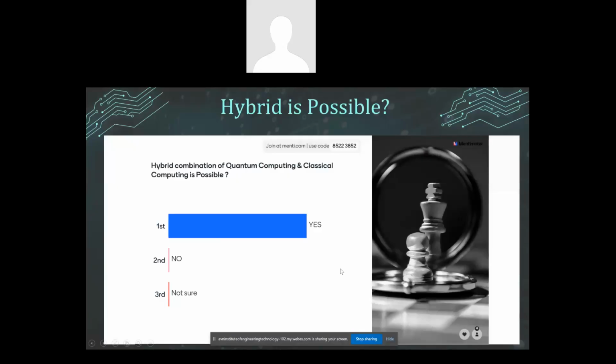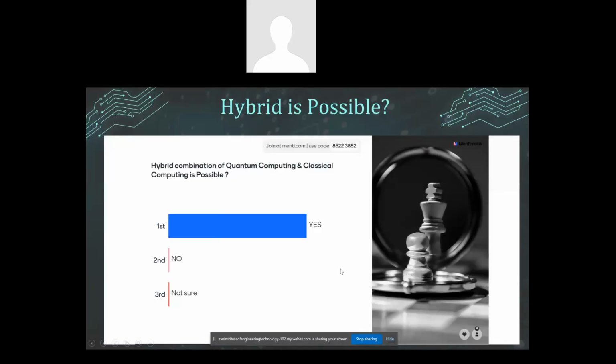I think everyone is aligned with this. Since quantum computing will not replace classical, the solution will be hybrid only. So yes, hybrid is possible, and that is a very nice takeaway.